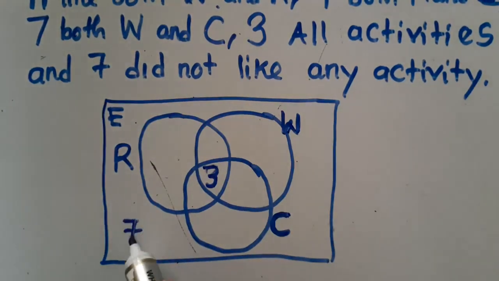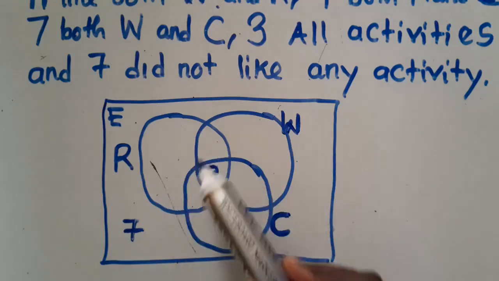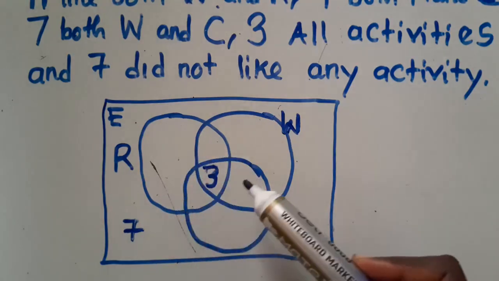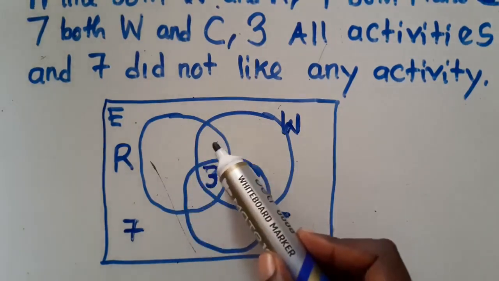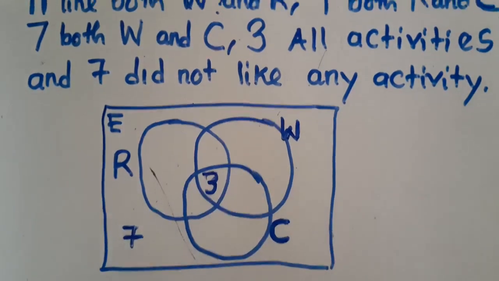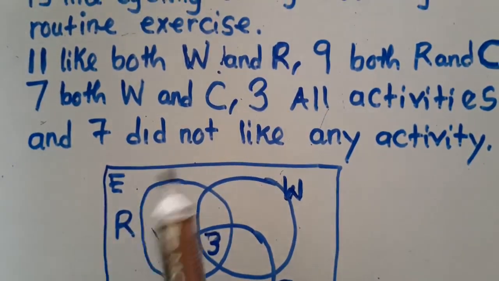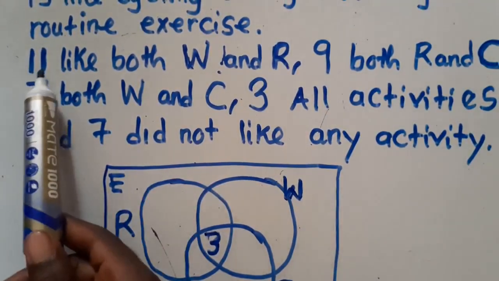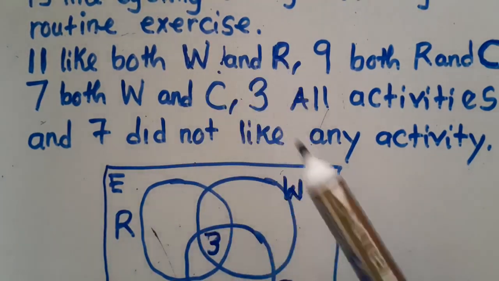Now you start with those that liked 2 activities each. So let us go and see those that liked 2 activities. It is saying 11 liked both walking and running.